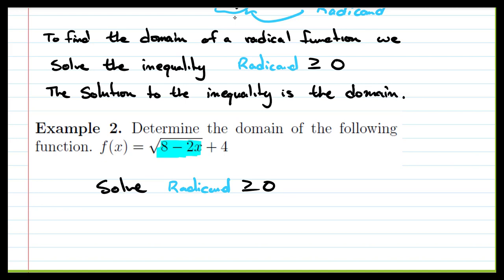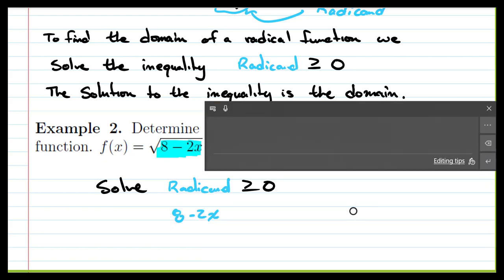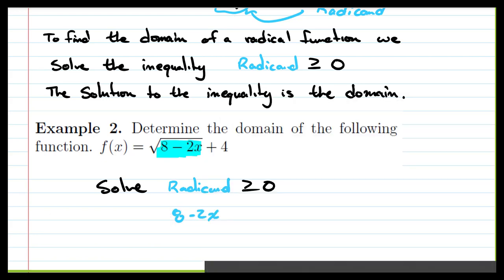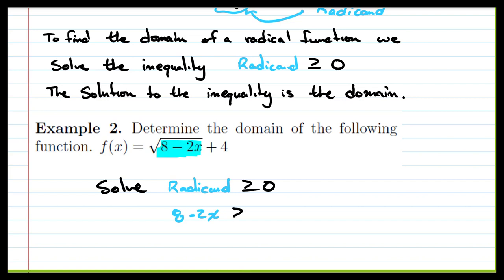So in this case, our radicand is 8 minus 2x is greater than or equal to 0.